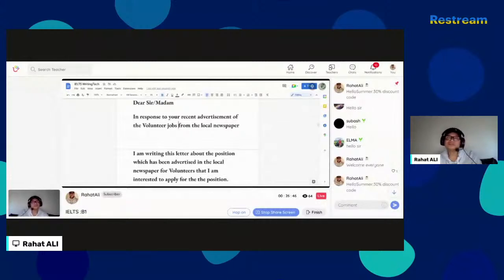I've written local newspaper twice. Once again, in response to a recent advertisement of the volunteer jobs from the local newspaper, I'm writing this letter about the position which has been advertised.